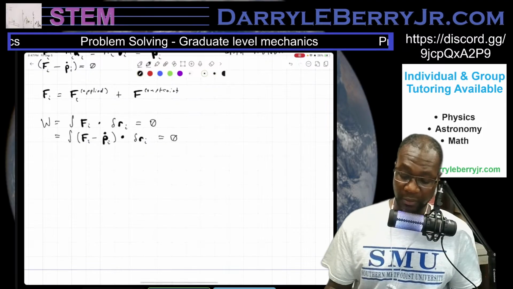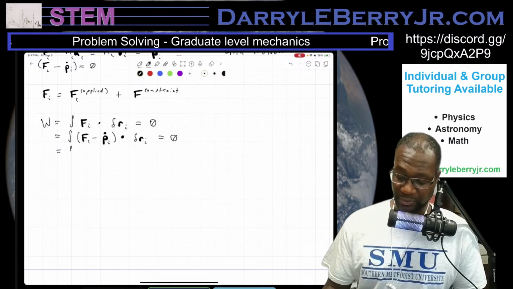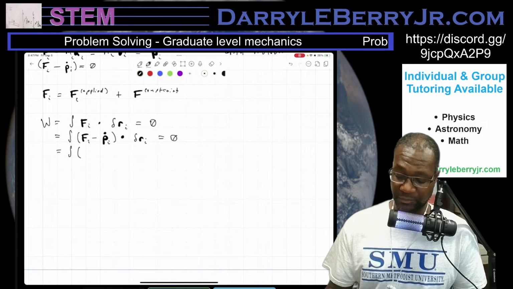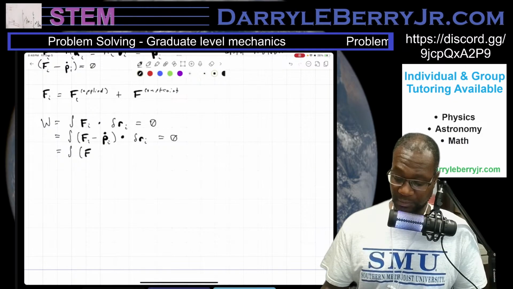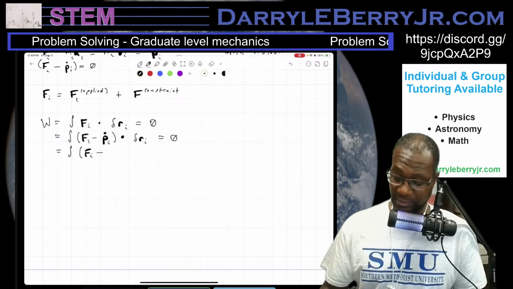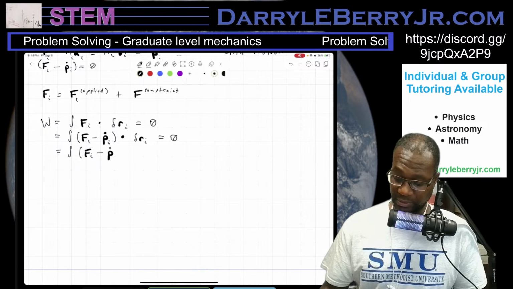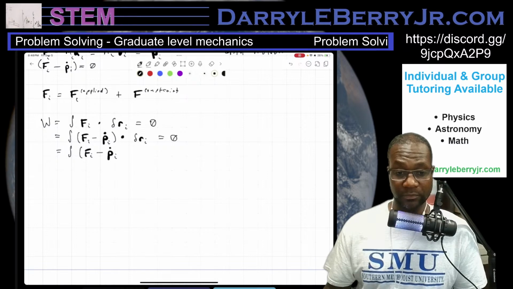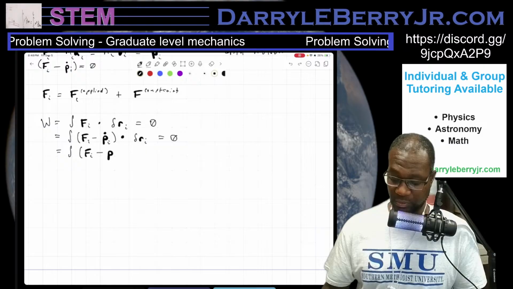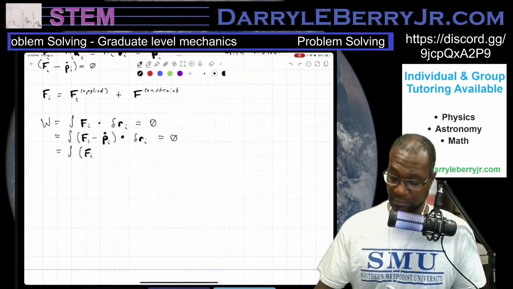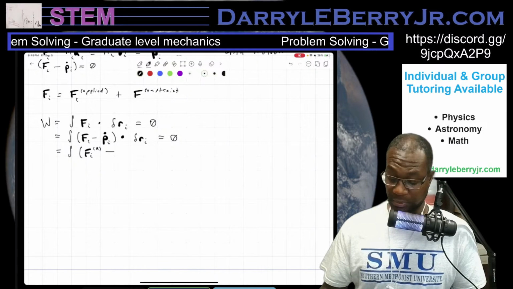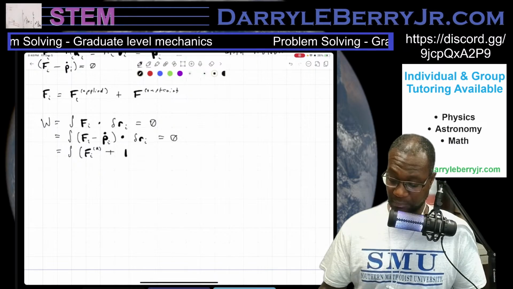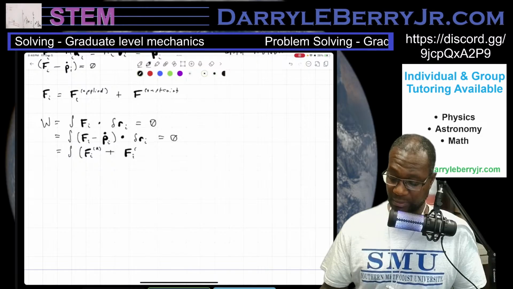We could also recall from earlier that we broke force up into the applied and constraint. So now I have F_i minus the time derivative of momentum p_i. Oh, hold up. F applied plus F constraint.